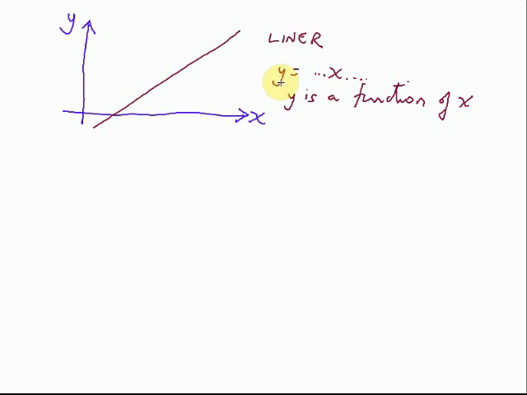Now, we can draw a graph of this y equals whatever function of x, and if it's a straight line, oh, I've misspelled that, I put liner, it should be linear. And if it's a straight line, then it's a linear graph, and moreover, this function, whatever it happens to be, is termed a linear function.